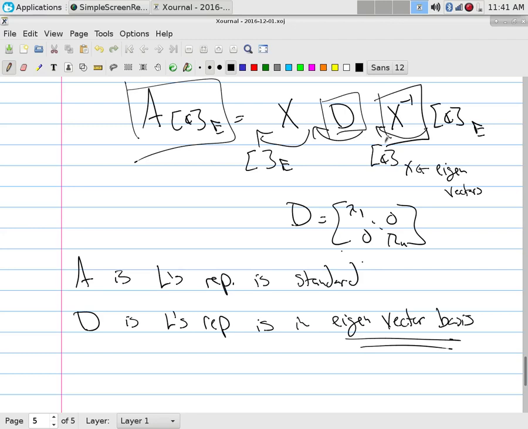This thing exists, which means linearly independent, which means it's actually a basis. So all of this is simply another way of visualizing. We just said, hey, look, turn A into X D X inverse. Well, why would I want to do that? Because it actually is a way of thinking about what these matrices do to space or do to your system.